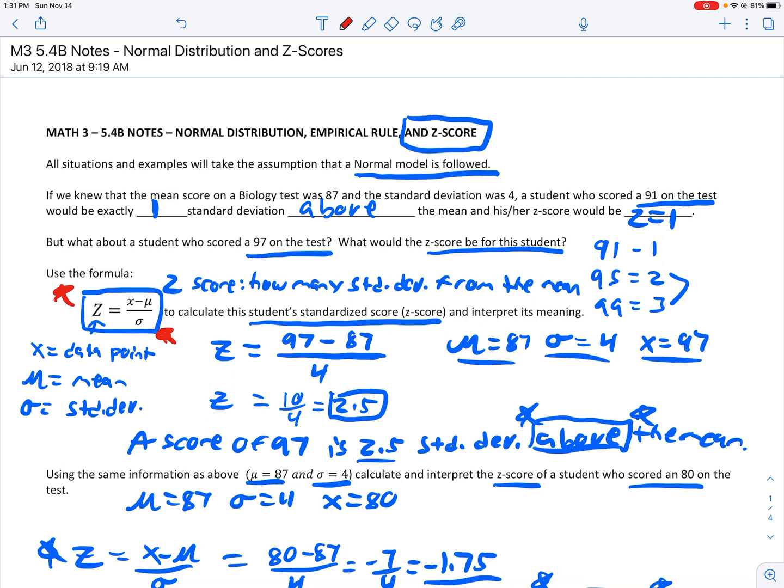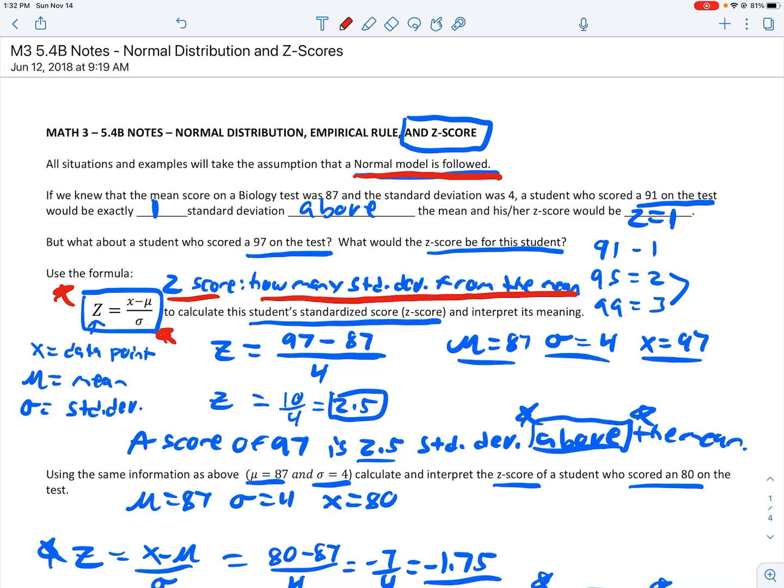What is a z-score? How many standard deviations from the mean. A positive z-score is above the mean, a negative z-score means you're below the mean. This is all based off the fact that we have a normal model. If we don't have a normal model, z-scores don't work.